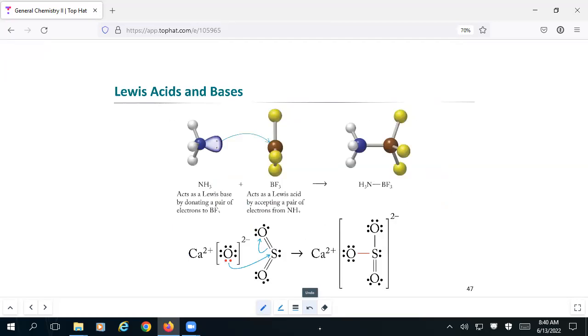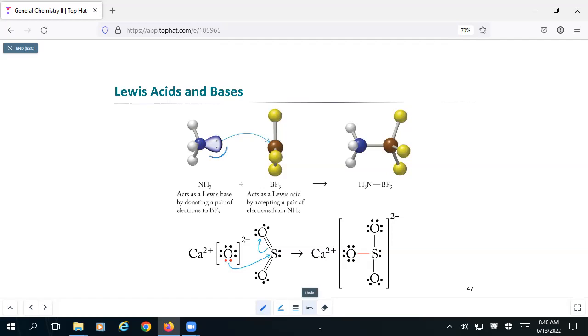But what this also shows us is how we can get other kinds of basic behavior when there is no hydrogen involved. So for example, again, I have ammonia.